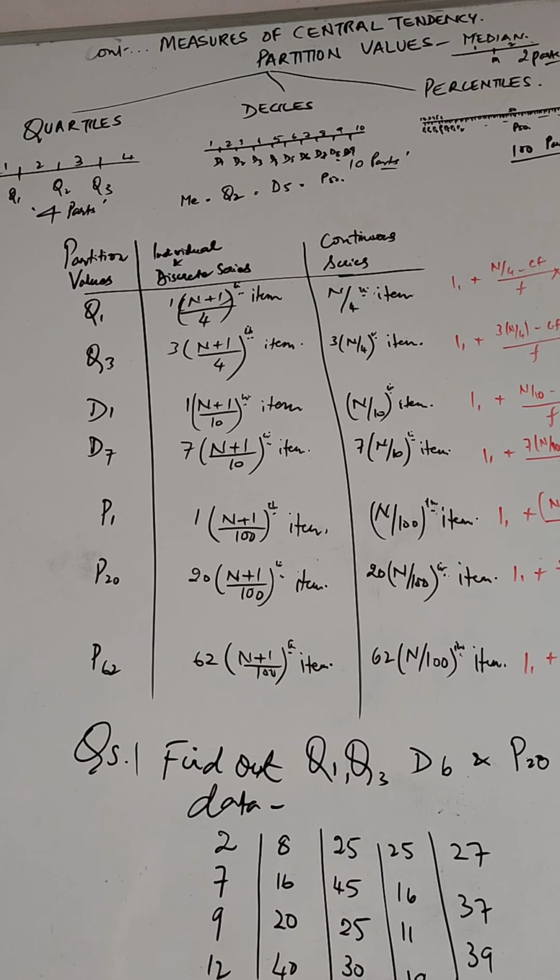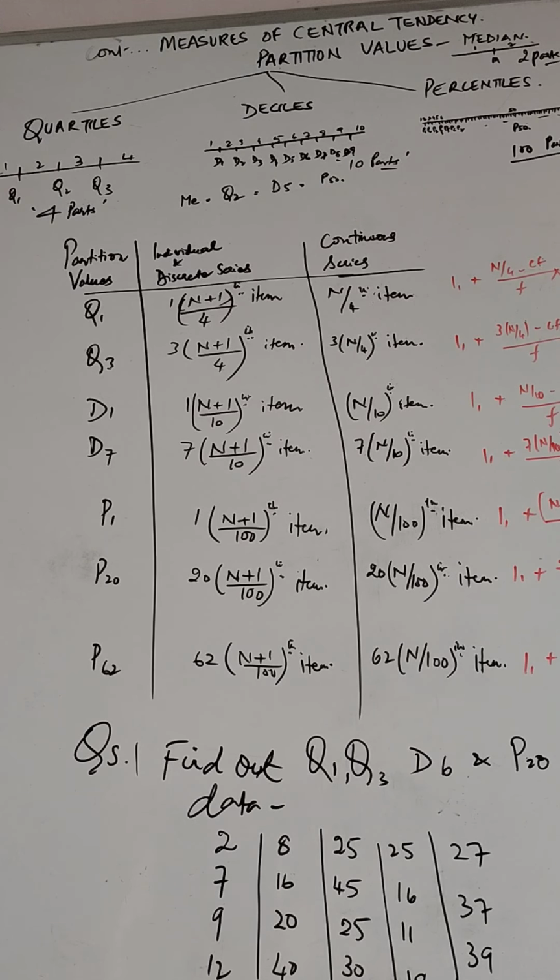I particularly like to arrange my series in ascending order. But if a descending order is given, then don't spoil the order. It's okay, you can go ahead straight with it. But if the data is not given in ascending or descending order, the first thing that you have to do is make the series into ascending or descending order.